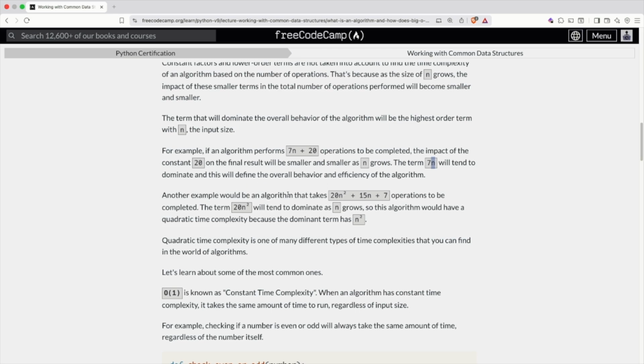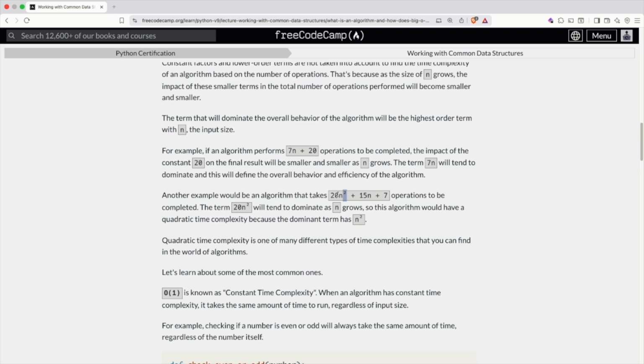And then another example is an algorithm that takes, this quadratic, and here this is quadratic time complexity. So now remember, the complexity is whatever this highest term, largest term, is.